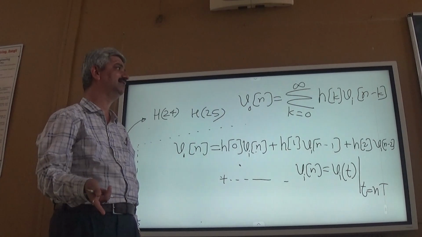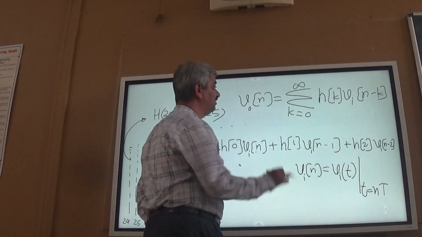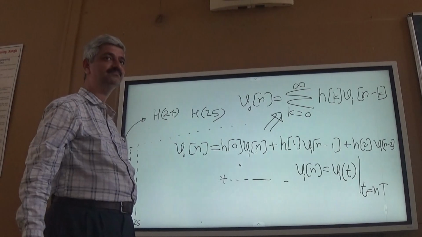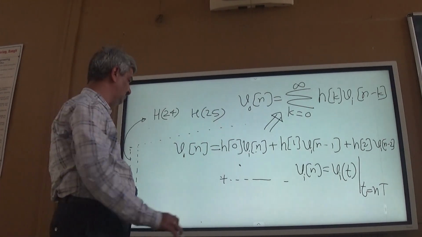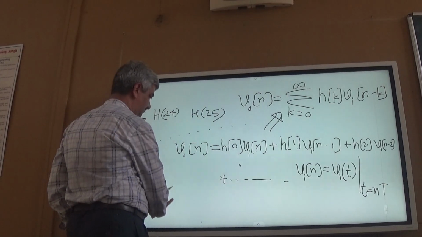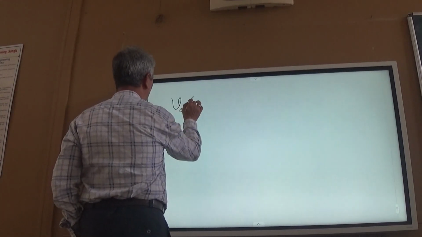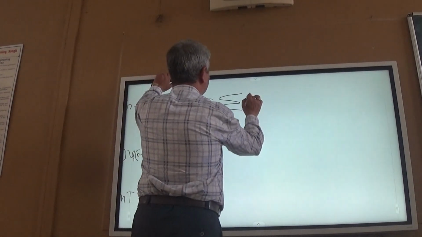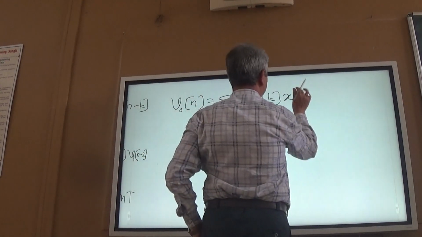And as this capital T tends to 0, this expression will go as V_on is equal to summation h of k times x.